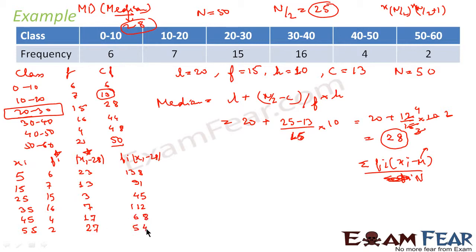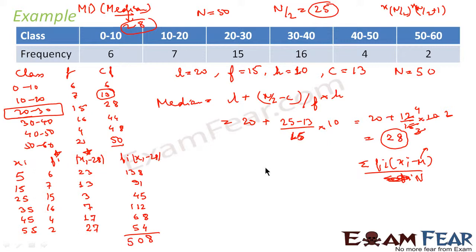Now we have to add all these values, sigma fi into mod of xi minus m, and the sum is 508.